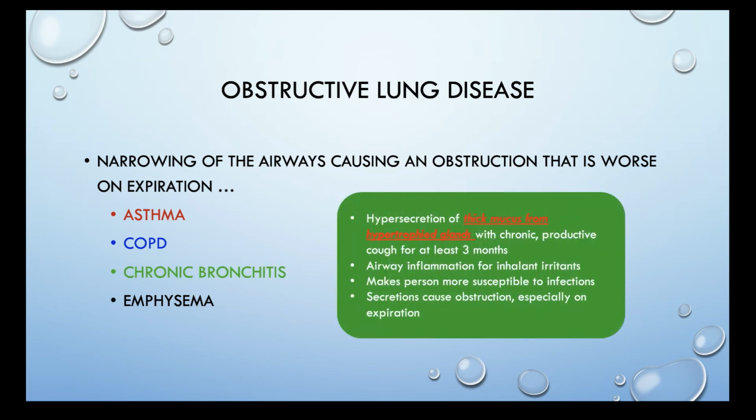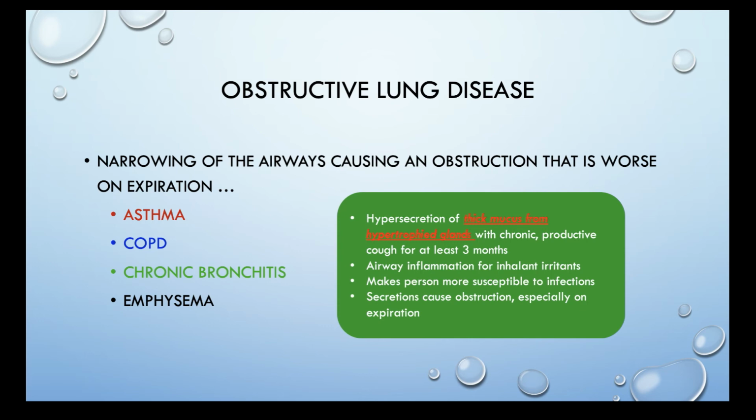Chronic bronchitis, when you have this issue, you have a hypersecretion of very thick mucus from hypertrophied glands. This produces a chronic productive cough that lasts more than 3 months, and that's why it's chronic bronchitis versus acute bronchitis. The airway gets inflamed.